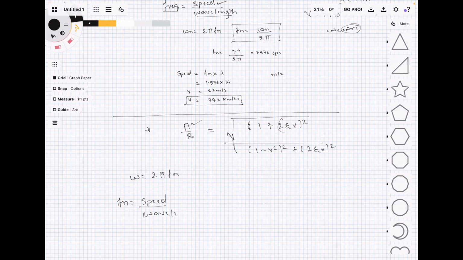The speed is given here as 60 kilometer per hour, and the wavelength is given as 14 meter.